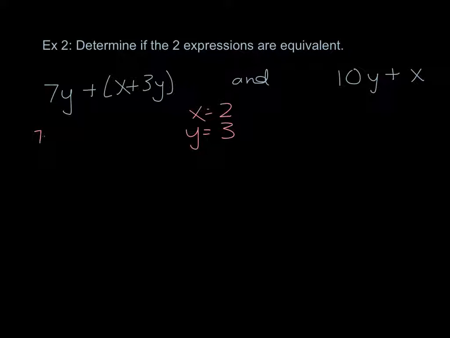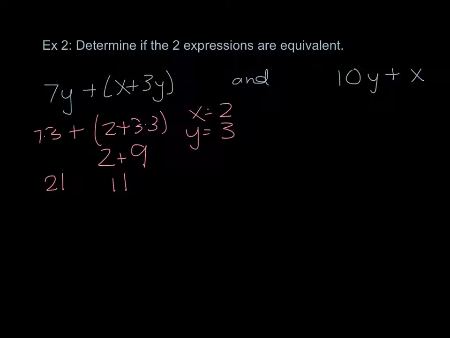So 7 times 3 plus x equals 2 plus 3 times 3. So this will be 9 plus 2 equals 11, and 7 times 3 equals 21. 21 plus 11 gives me 32.